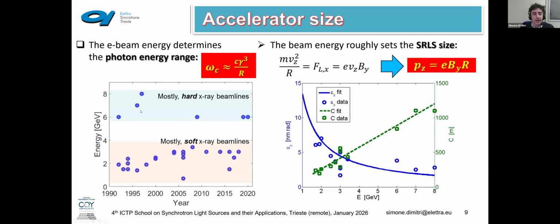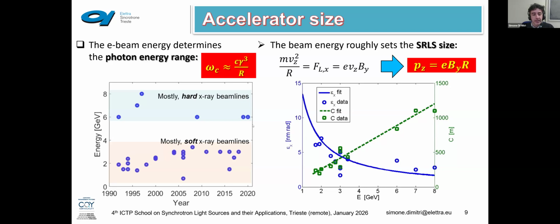Around the world, most of the third generation and the fourth generation synchrotron light sources can be classified in high energy, between around 6 and 8 GeV electron beam energy, or below 3 GeV beam energy. By virtue of this relationship, the two families are mainly driving science exploiting soft X-rays for the low energy machines and hard X-rays for the high energy machines.